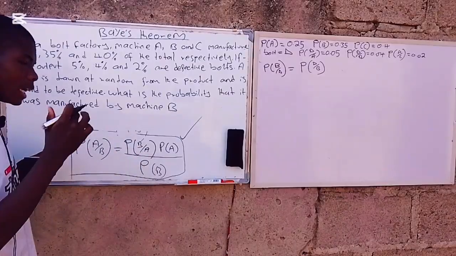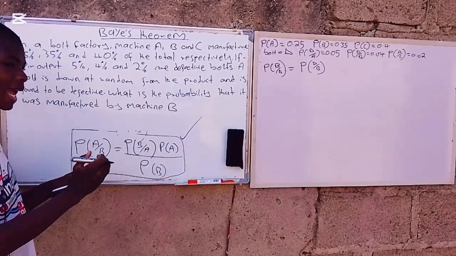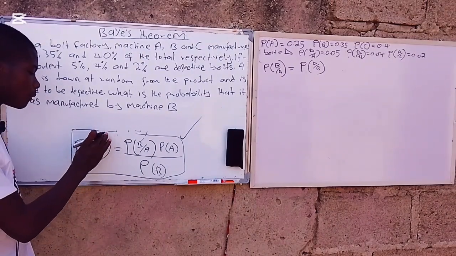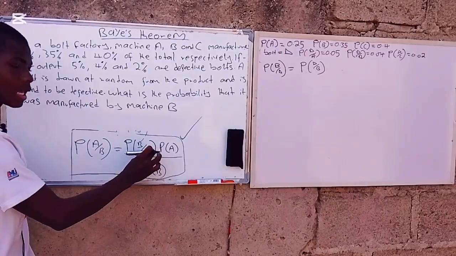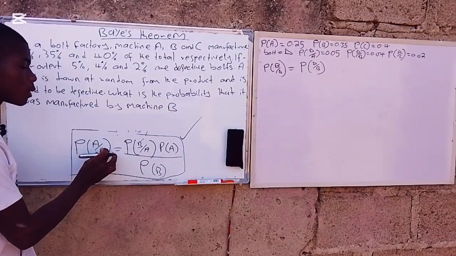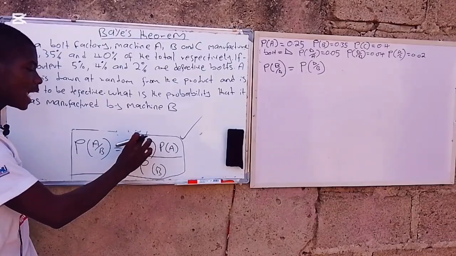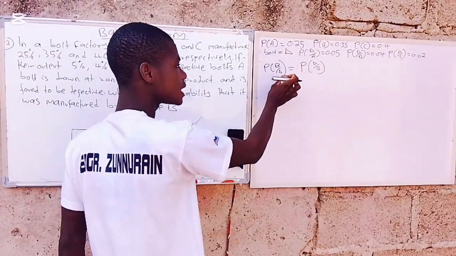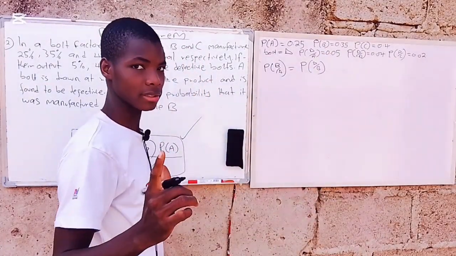Here we are dealing with probability of A against B. So if we are dealing with probability of A against B, we are going to use B against A. If we are looking for the probability of B against D, we are going to put the probability of D against B. I hope you get it.